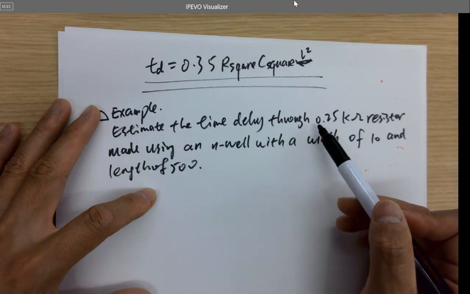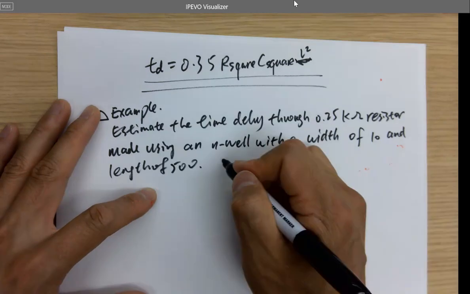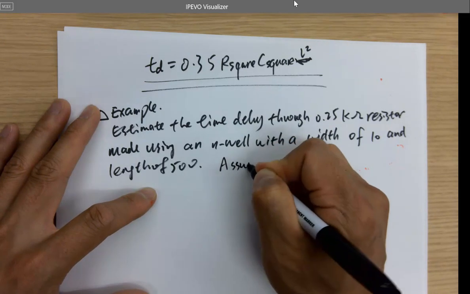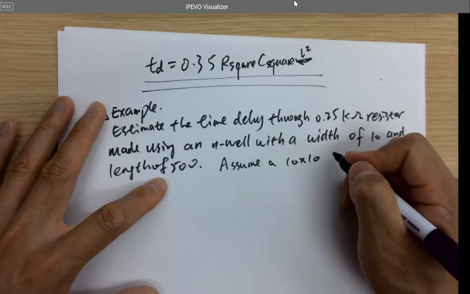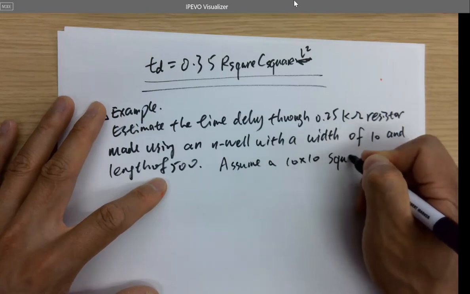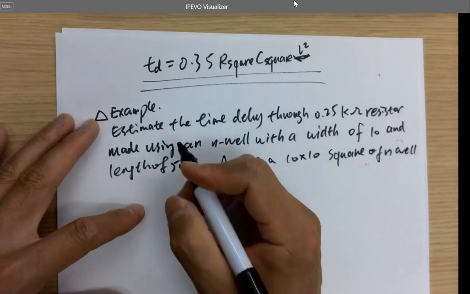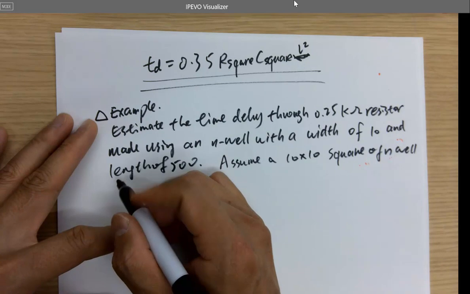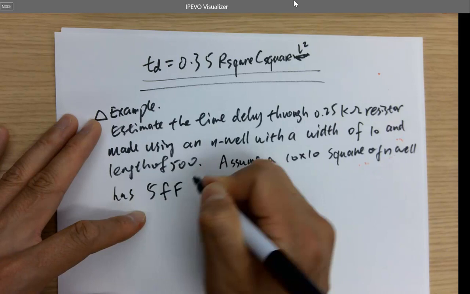Let me see, what did I put here? I could calculate it. I think you can calculate it, but there's a square. Assume a 10 by 10 square of n-well has like 5 femtofarads of capacitance.